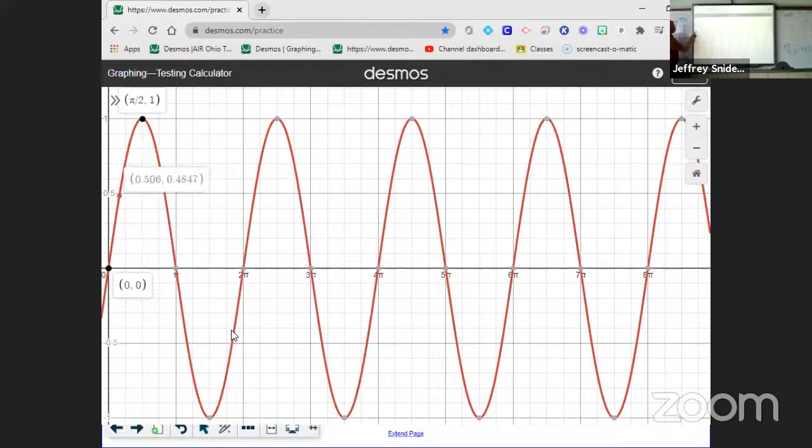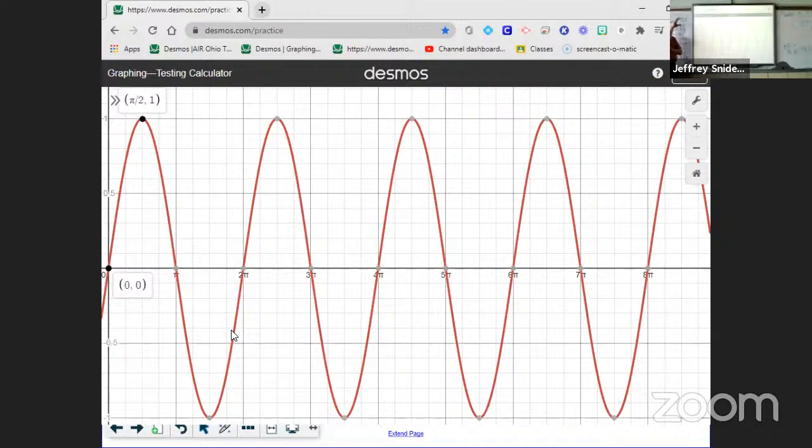If I go right here at 0.5, boom. When is the sine 0.5? That's not 0.5. Gotta go up a little higher. When is the sine 1/2?